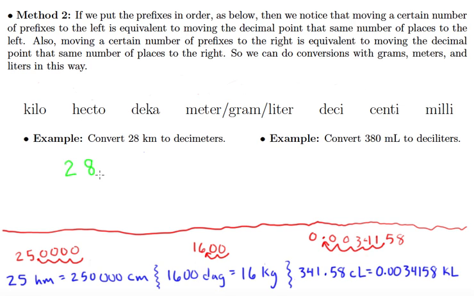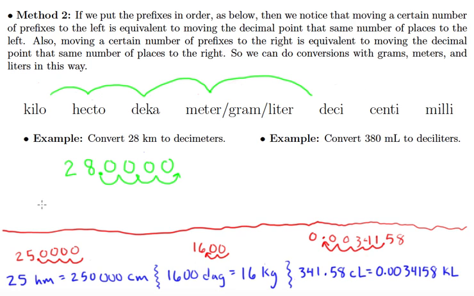And I know that the decimal is really hanging out to the right of the 8 if I don't see a decimal in my number. And so to go from kilo to deci, I've got to go 1, 2, 3, 4 places. So that means I'm going to do the same thing down here in my 28. I'm going to go 1, 2, 3, 4 places to the right, and all these empty spaces I jump, of course, become zeros.